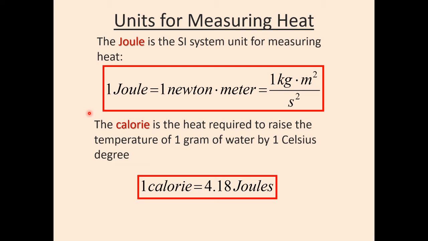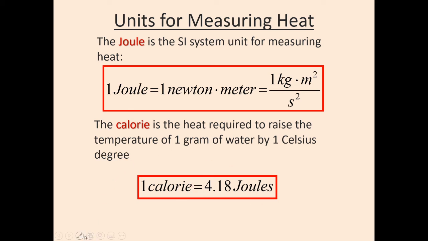So the way they distinguish the food calorie from the actual calorie is, if you look on your food calories, they'll actually capitalize the C. Instead of using the metric system, they use the same exact word but capitalize the C. So there you go, but that's neither here nor there. It doesn't really matter. 1 calorie is 4.18 joules.